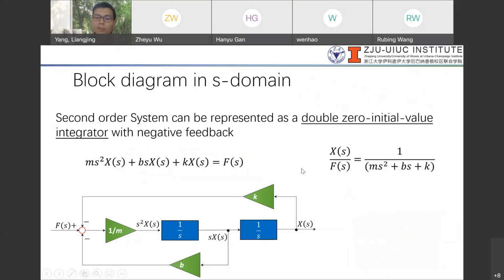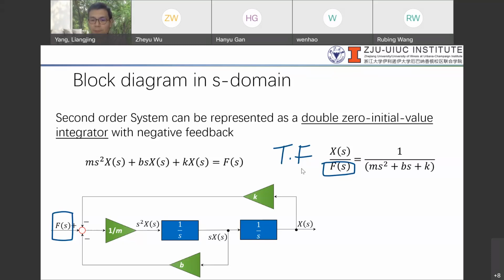And so, of course, you can find a transfer function. If now you have this as the input, the transfer function is a ratio of the output over input in this S domain. Of course, in signal processing, it is just the convolution with the impulse response. Oh, sorry, the Laplace transform of the impulse response.